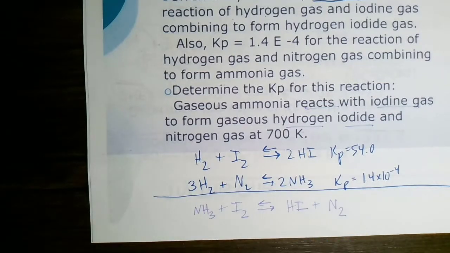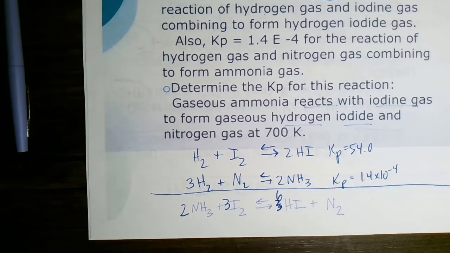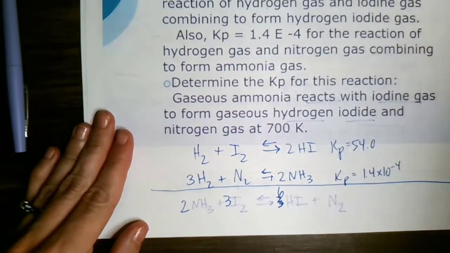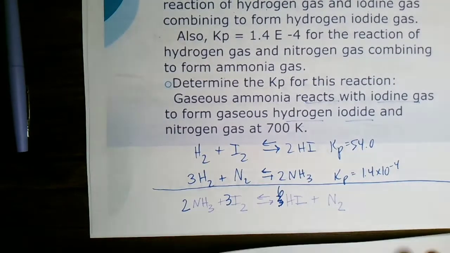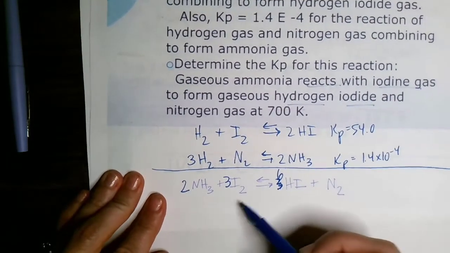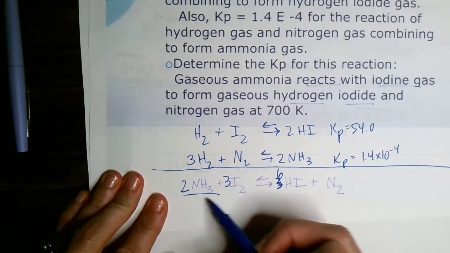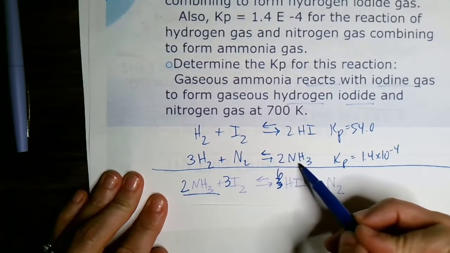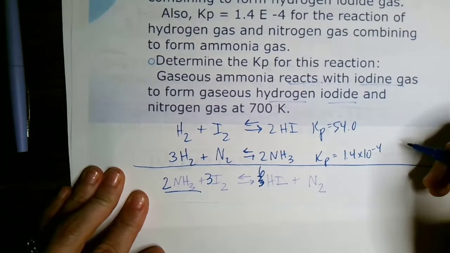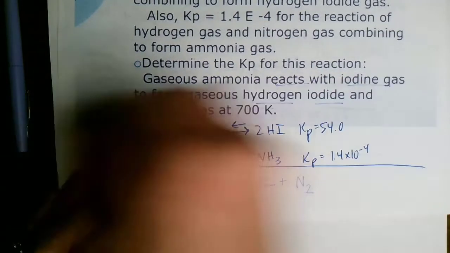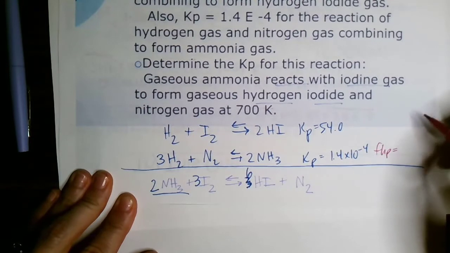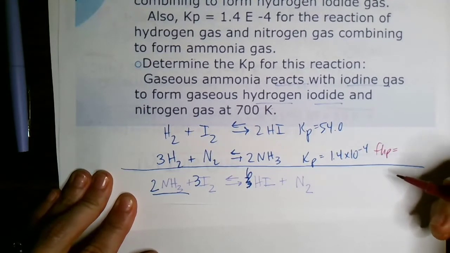All right, there we go, balanced. Now, we need to figure out how to get to this target equation. Let's start with our first one, NH3. Right now the NH3 is on the right of this equation, so we need to flip. And remember, if we're going to flip, that means we need to take the reciprocal.